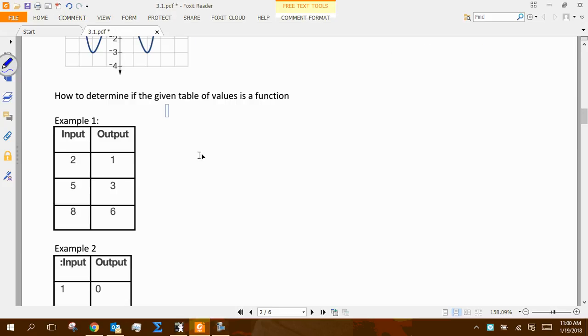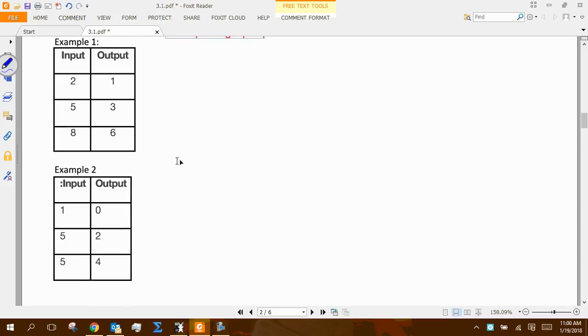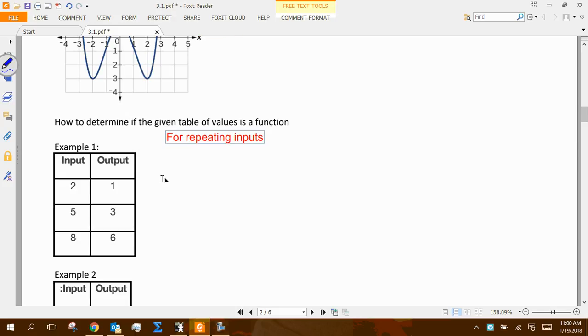It says for repeating inputs. Okay, so if I look at, I think, one of these examples, here I've got repeating inputs. Do you ever get a different output? Okay, if that happens, then it's not a function.